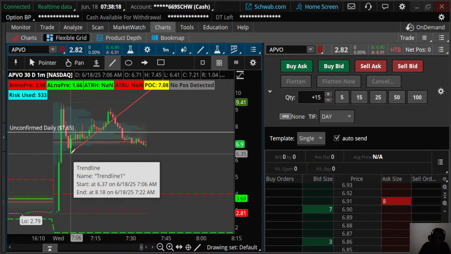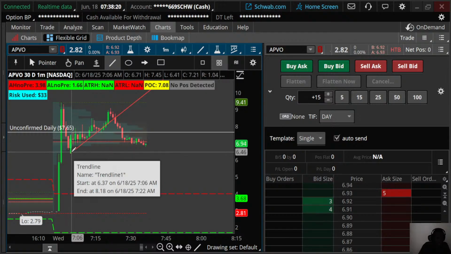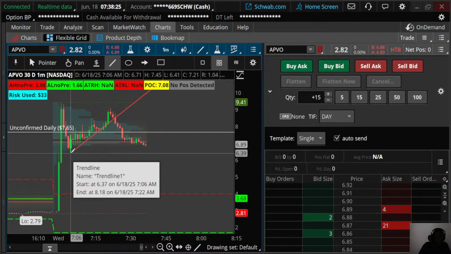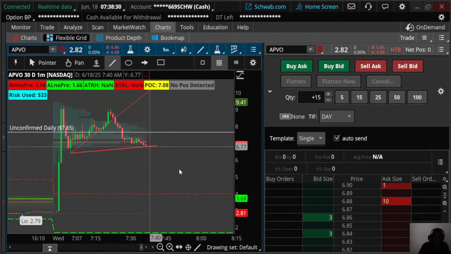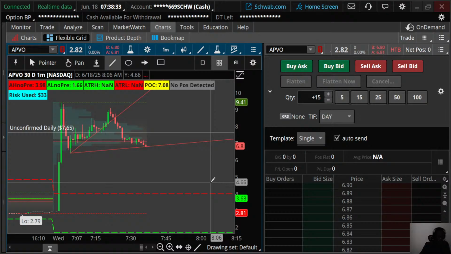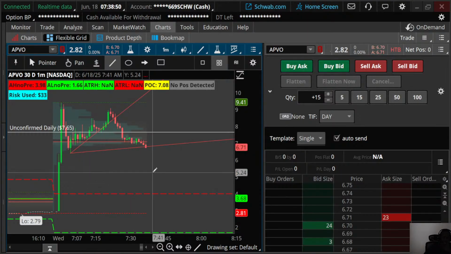Ooh, let's make another one. Can you hold up, or will you continue going down? Below 6.42, this is going to be looking like more of a downtrend, and we'll have to wait for an uptrend to start.